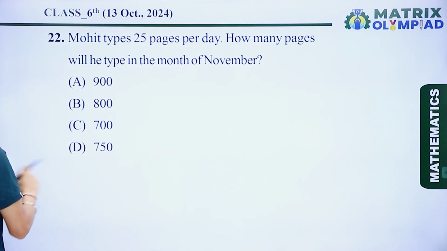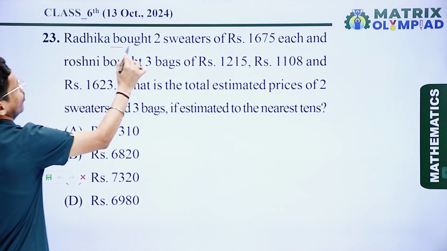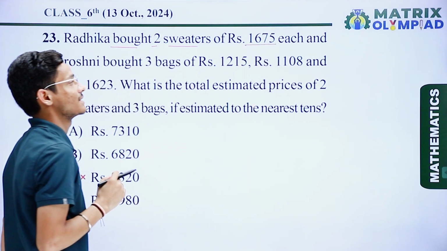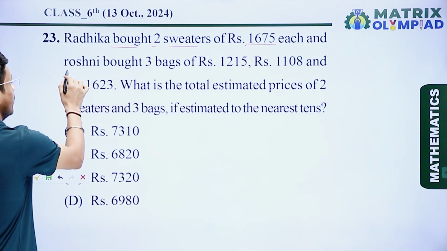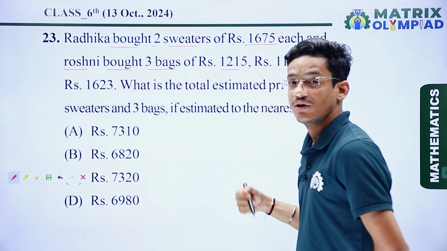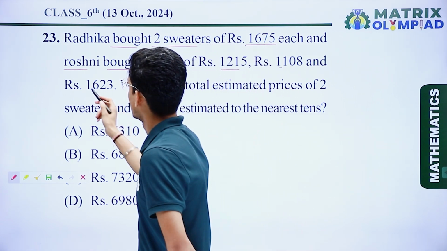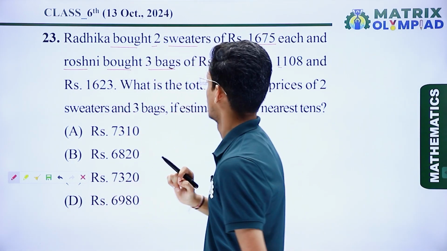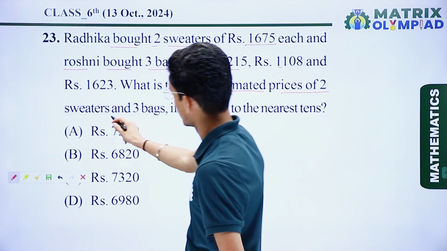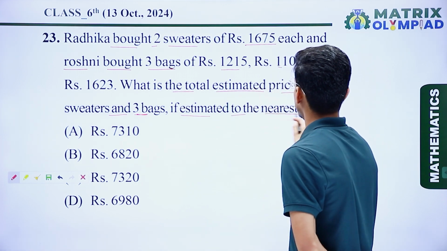Now the third question is, Radhika bought 2 sweaters of rupees 1675 each, and Roshni bought 3 bags of rupees 1215, 1108 and 1623. Here we have to find the total estimated price of 2 sweaters and 3 bags if estimated to the nearest tens.